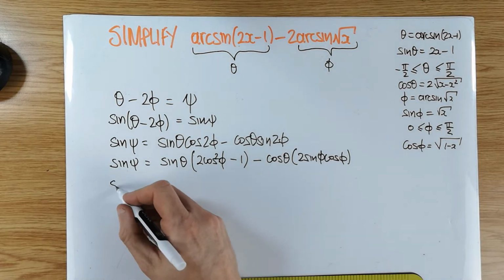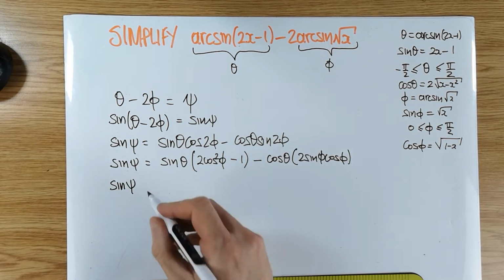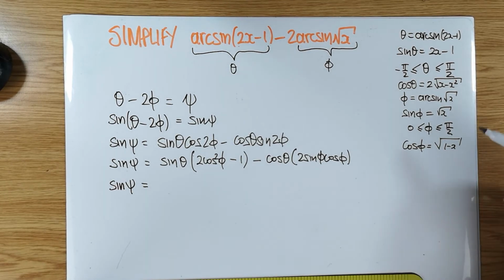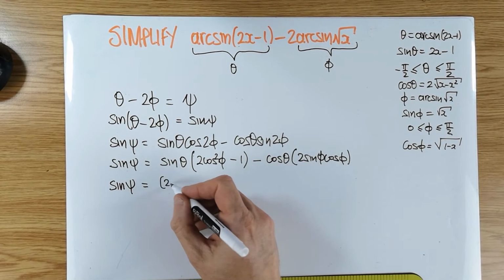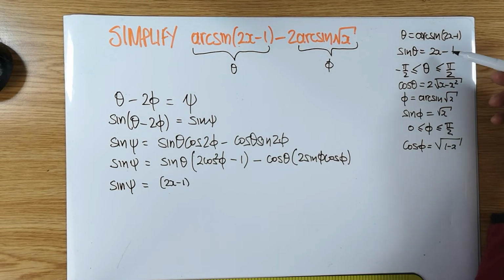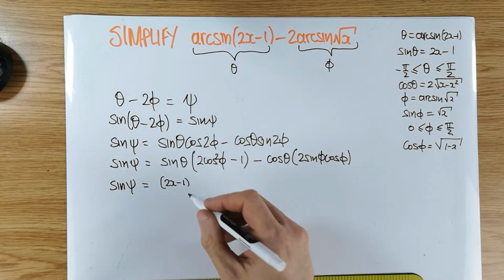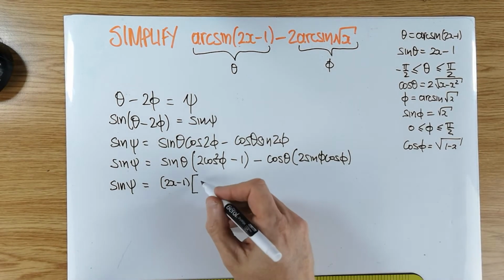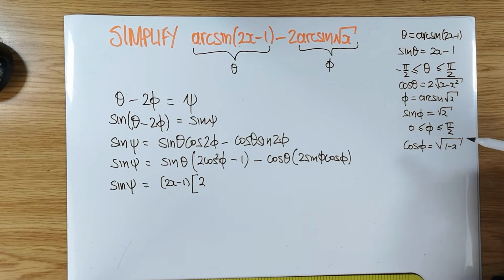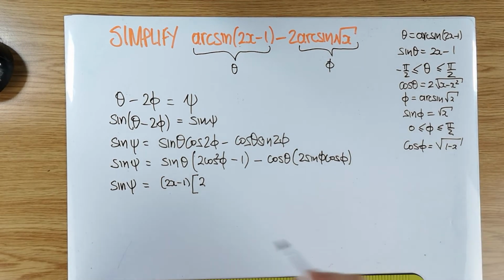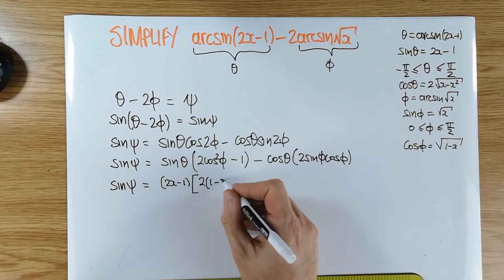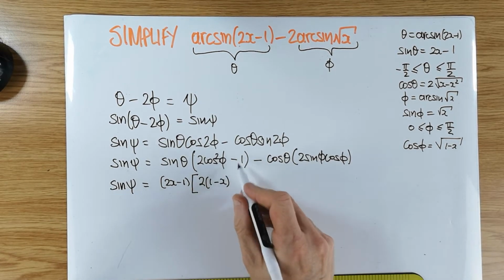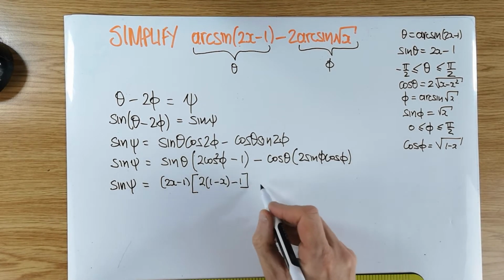Okay, what do I get? The sine of psi is equal to sine of theta, 2x minus 1. That's the sine of theta. Times 2 cos squared of phi. The cos of phi is that. If I square it, I nicely lose the square root. So that's that. Minus the 1 that was already there.